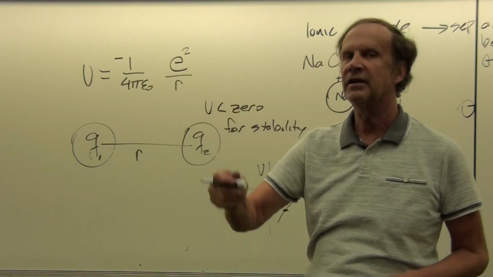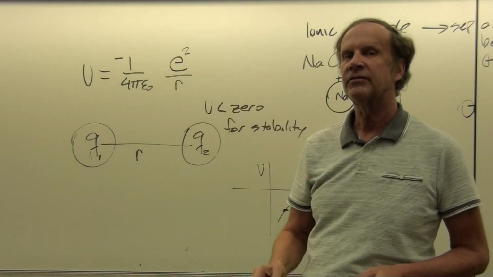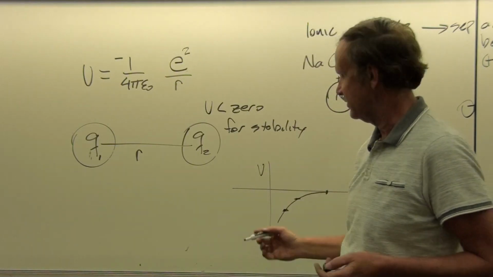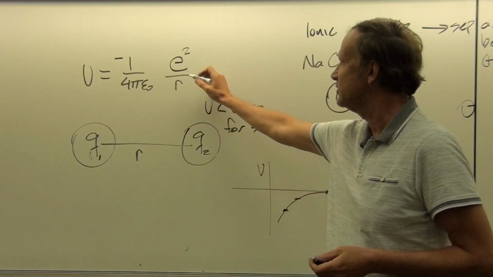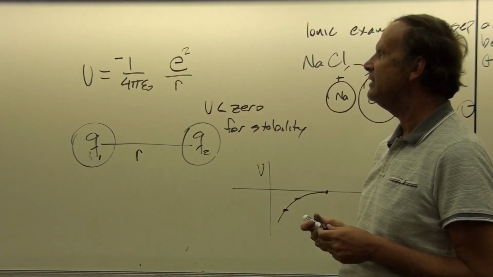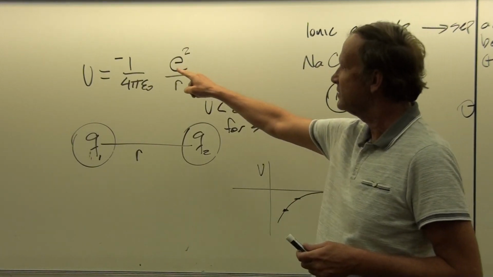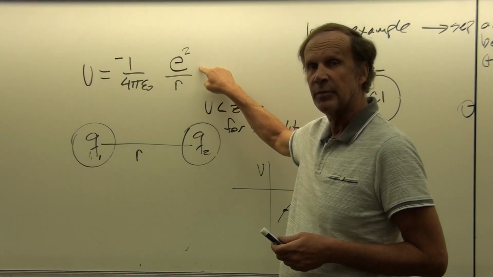It's just like lifting an object against gravity. You have to lift it against the force of attraction, and that gives you potential energy. So you can have a change in potential energy while having the actual value of the potential energy still always being negative. But if this number is positive, then that means that they repel.